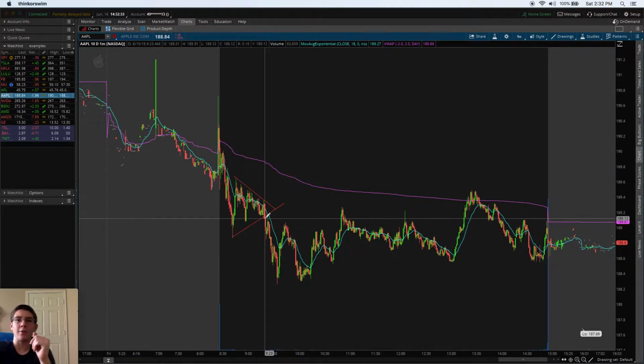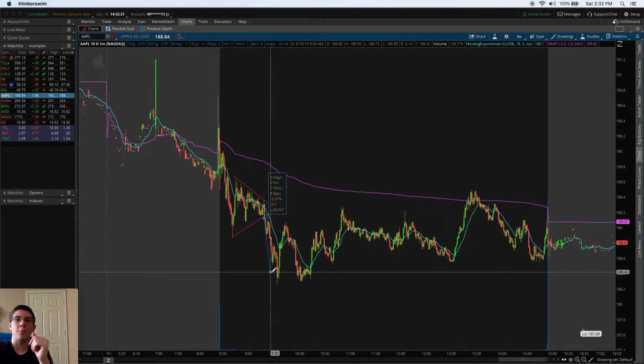So if we break out to the low side, how far is 0.38%? That's right here. If we drop down to 0.38%, that is the projected move of the triangle, and if we hit that, it's time to get out.